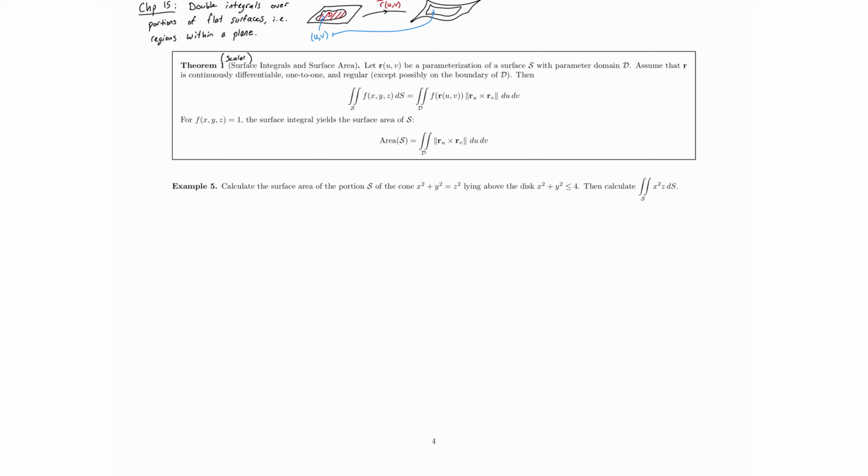And this point here would be R of (u, v). This domain is going to be different here. Let's call this actually S.